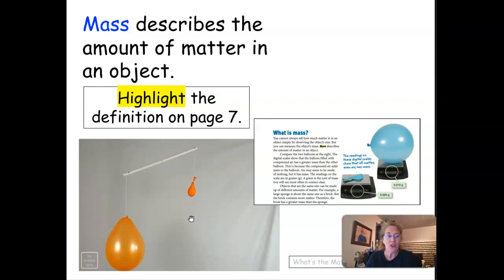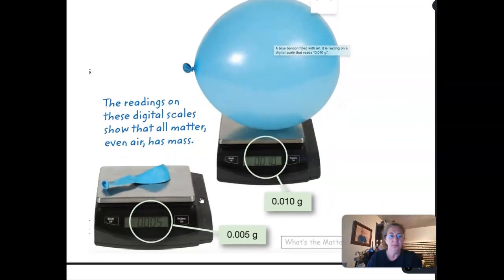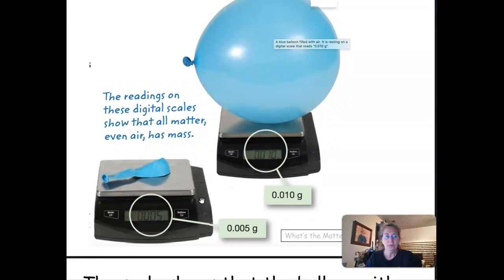Same thing with the picture on the left. It's a simple scale, and you can see that the balloon that has air put into it has been pulled down more. That means it weighs more, it has more mass. Here's that example from your book blown up so that you can see it better.